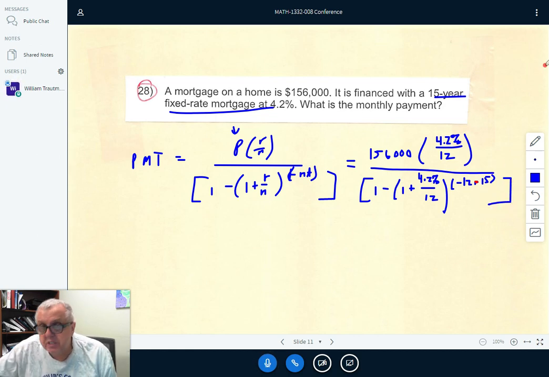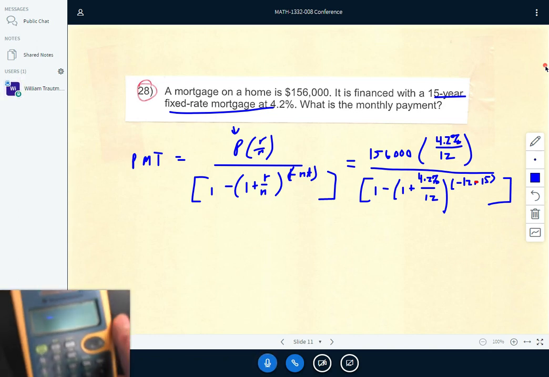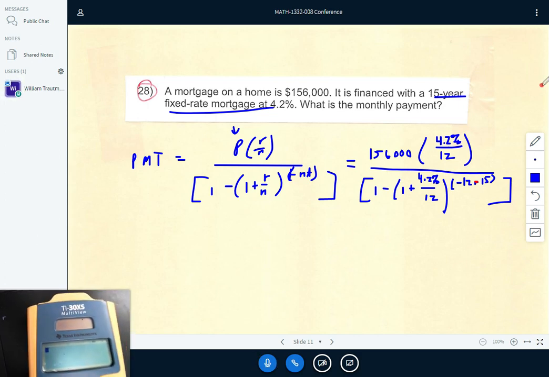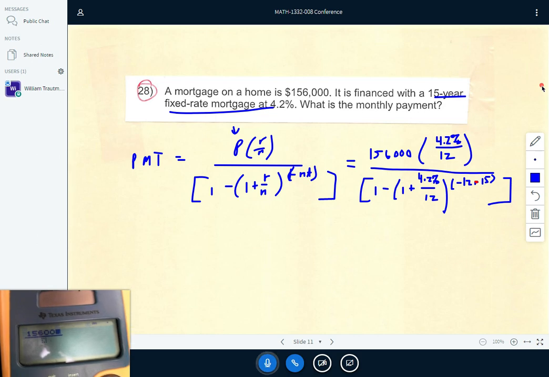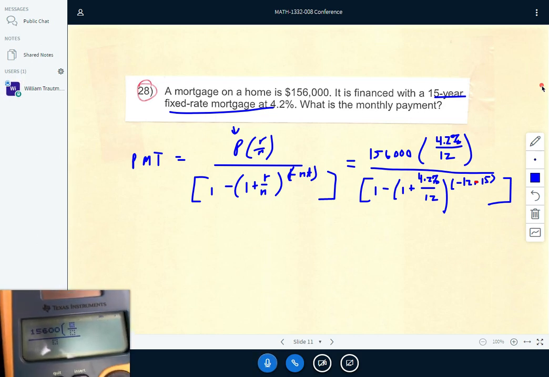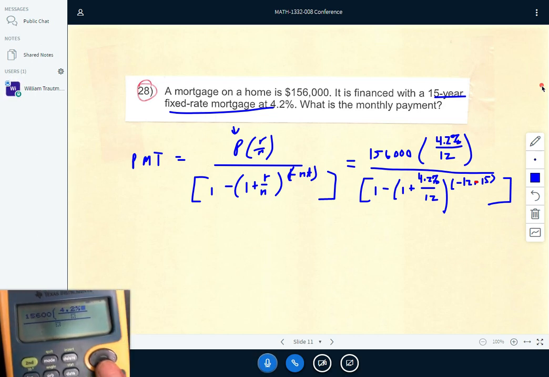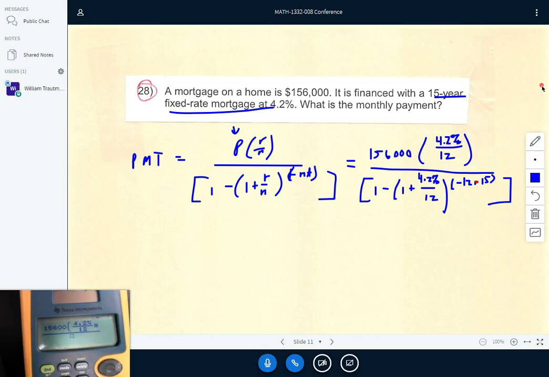All right, so let's put this into our calculator, and you can watch me type it in if you can see that. I'm going to type in a fraction. 15600, parentheses, another fraction, 4.2%, arrow down to 12, arrow over, close my parentheses, and then move down.